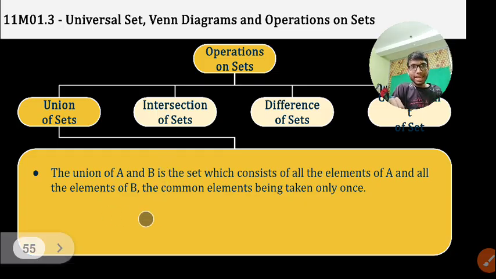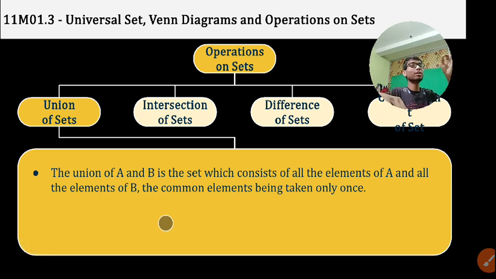The union of A and B is the set which consists of all the elements of A and all the elements of B, the common element being taken only once, not two times. Remember, we already have two sets, but apart from these, one set will be formed containing the unique elements from the two given sets.